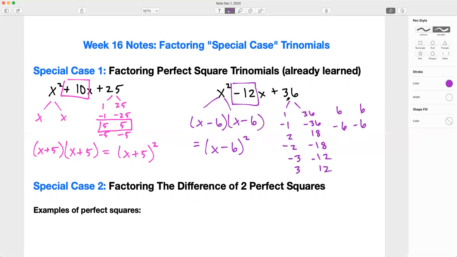Meaning, did you multiply a number by itself to get this number? And you say, yes, it is. 36 is a perfect square. 25 is a perfect square. Then it's pretty easy to find what your factors are to factor it.